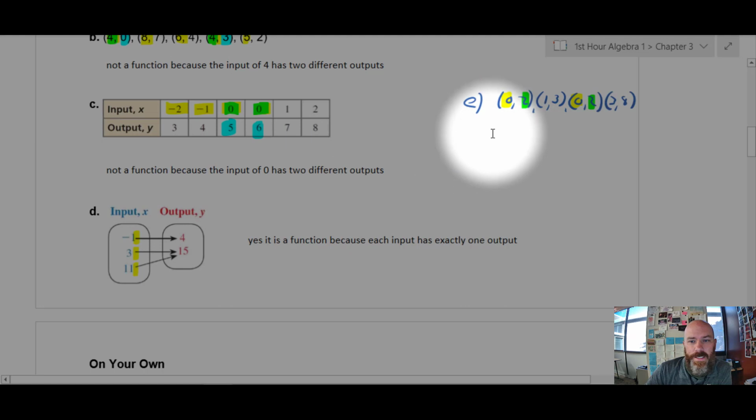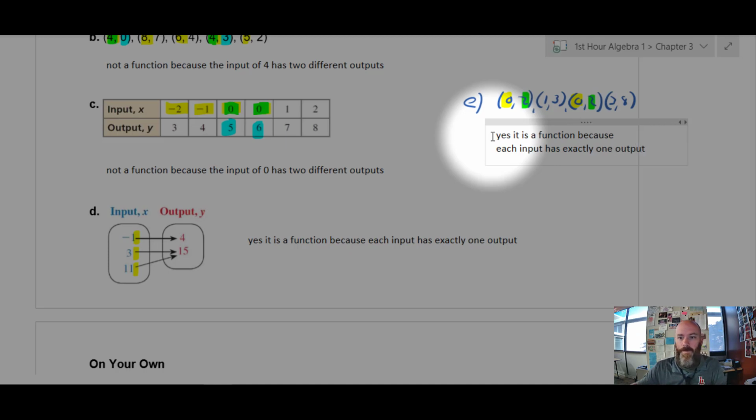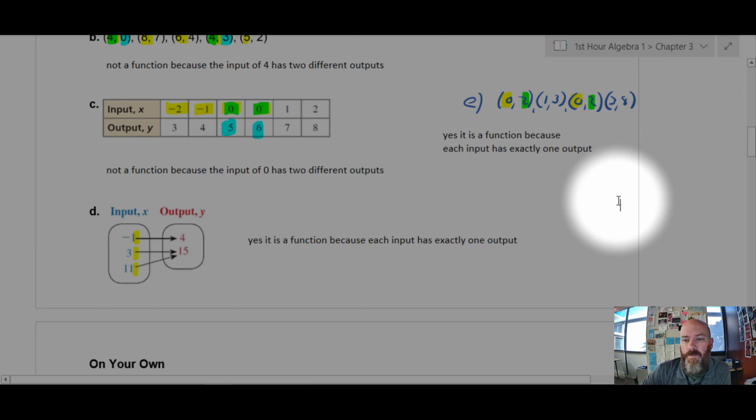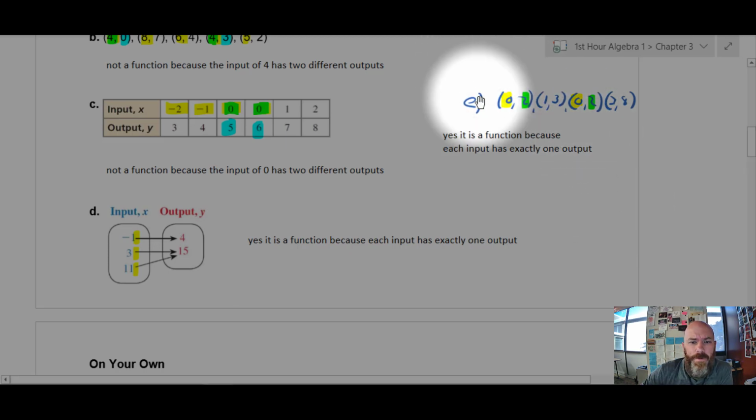Because my outputs are the same there, in this example, I would say, yes, it is a function because each input has exactly one output. So just because it has repeating inputs doesn't mean it's not a function, but that's just when you need to look for it.